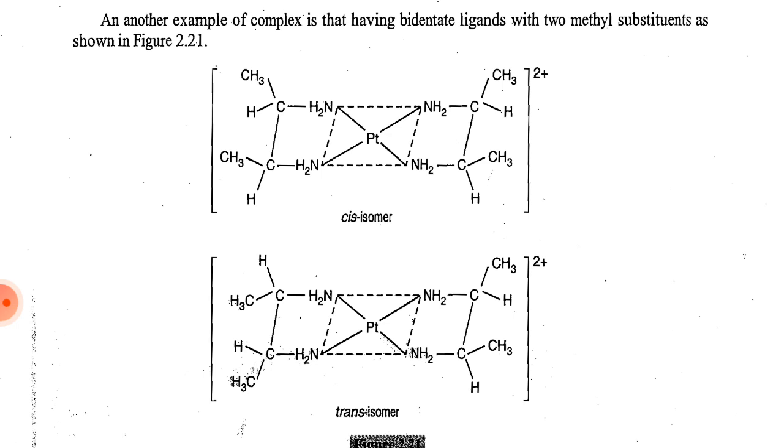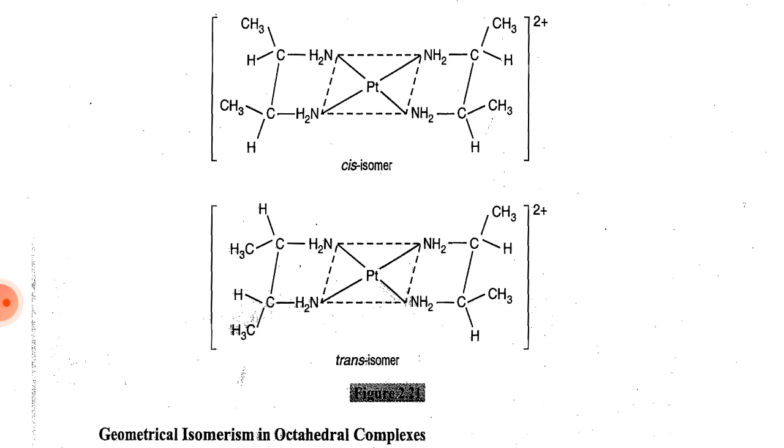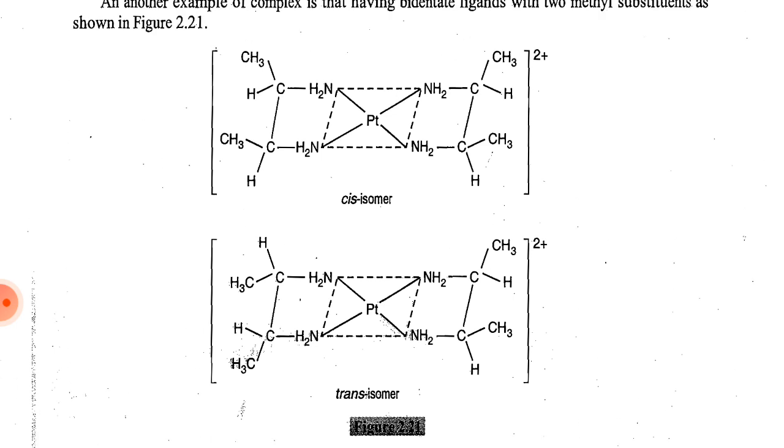We should always consider the position of the methyl group bonded to the secondary carbon atom, which is bonded to the donor atom. So we must observe the position of the two methyl substituents. So this is the cis form. Then what is the difference in the trans form?